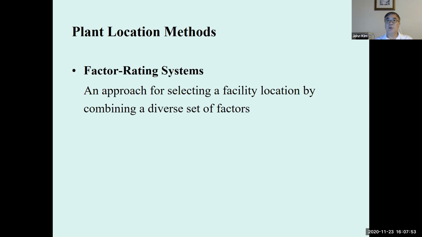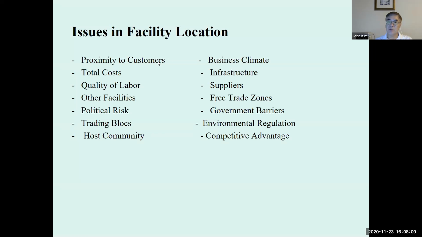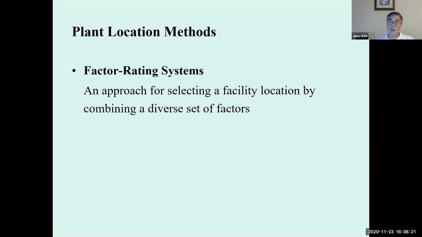If there are multiple candidate locations, then based on the important factors, such as customers, total cost, and so on, you give them a weight.